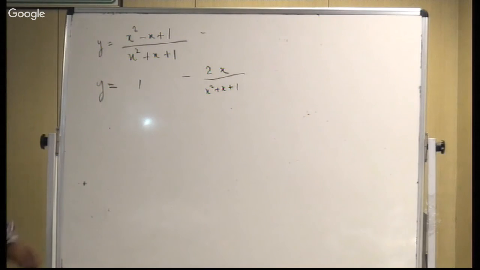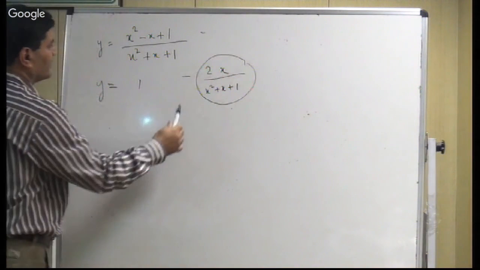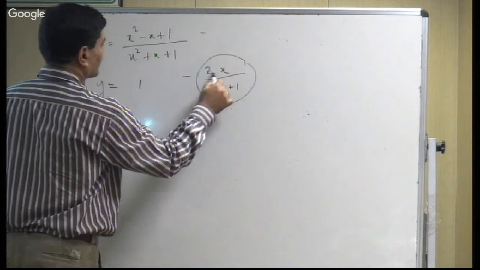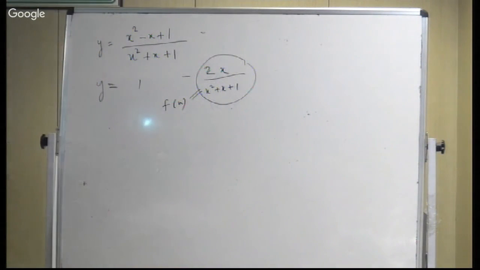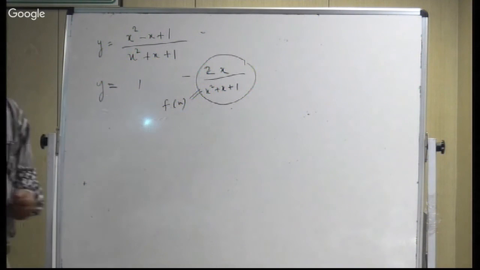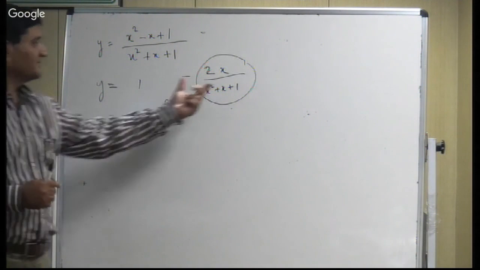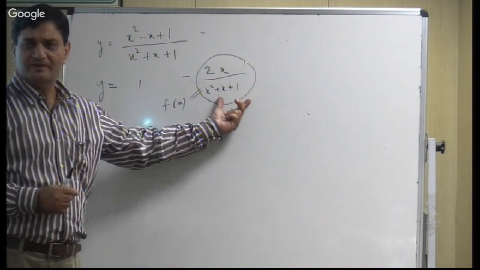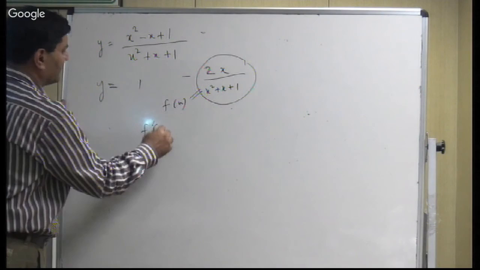Now consider this function. Let us say this is the function f(x). Now I am finding the maximum and minimum of f(x). This expression will take the maximum value when this expression takes the minimum value. So we can just reduce it like this and find the derivative here.